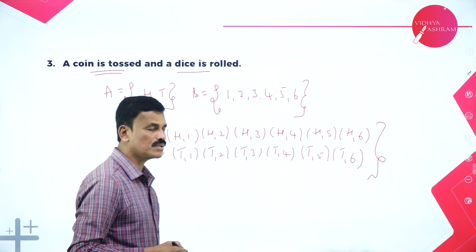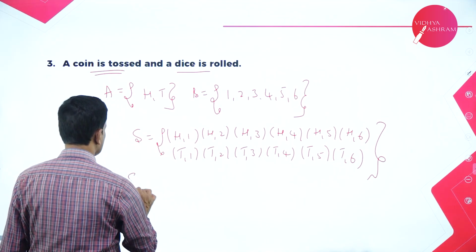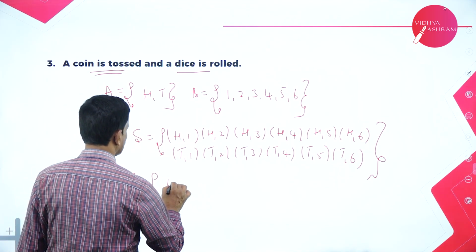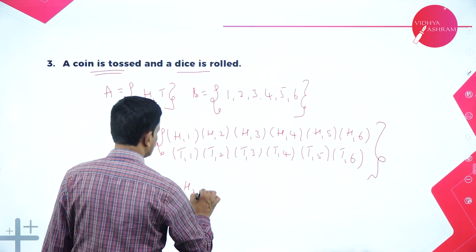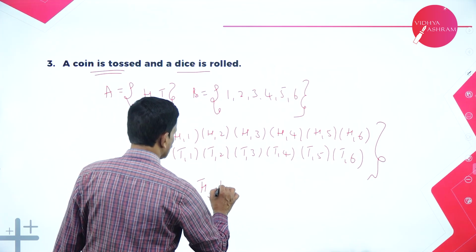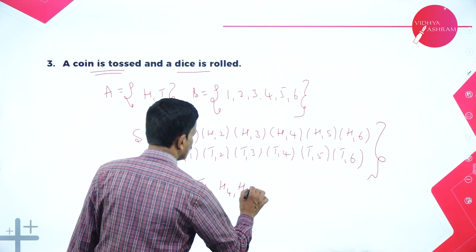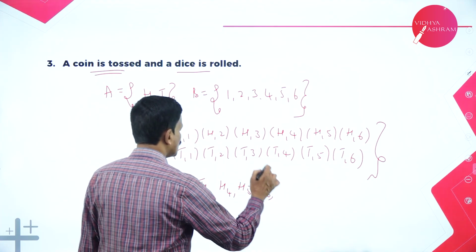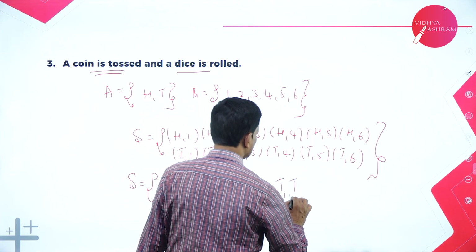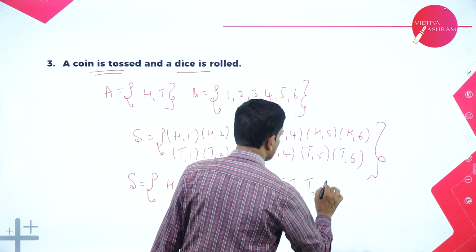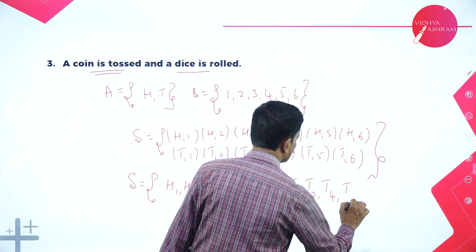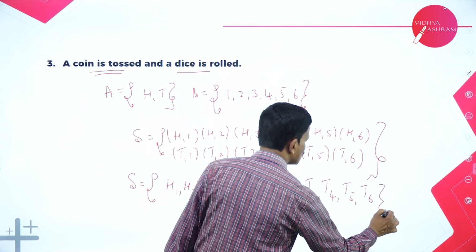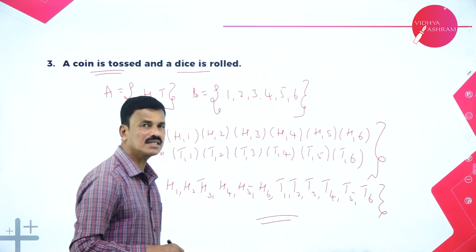This is the sample space. This can also be written as S is equal to {H1, H2, H3, H4, H5, H6 and similarly T1, T2, T3, T4, T5 and T6}. This is how we are going to write the sample space.